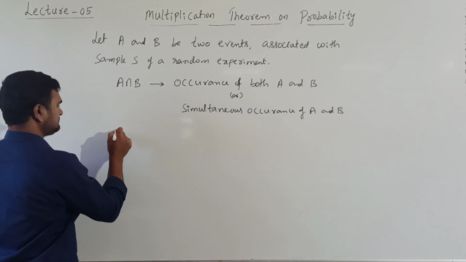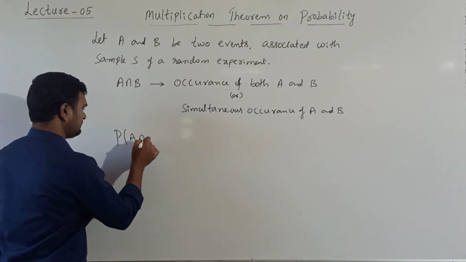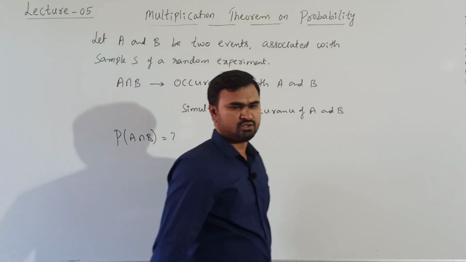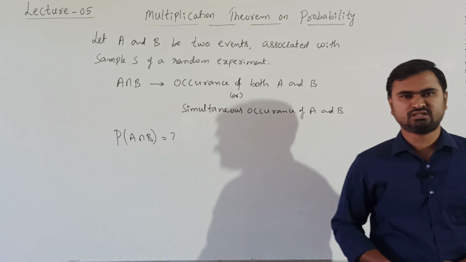So what is the probability of occurrence of the events A and B? This is what we are going to study in the multiplication theorem.